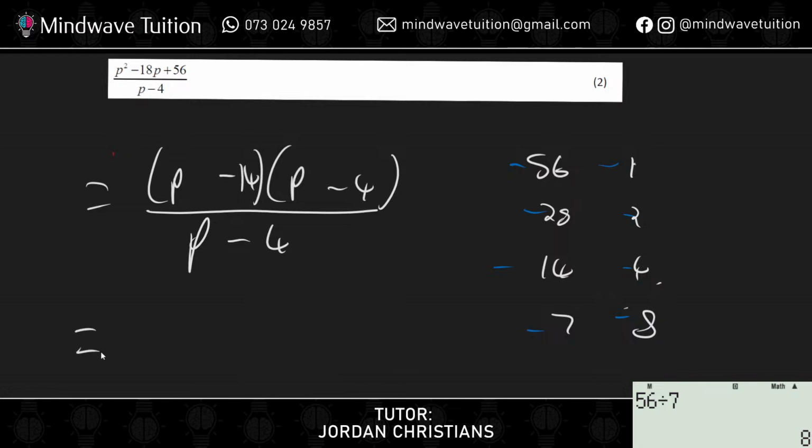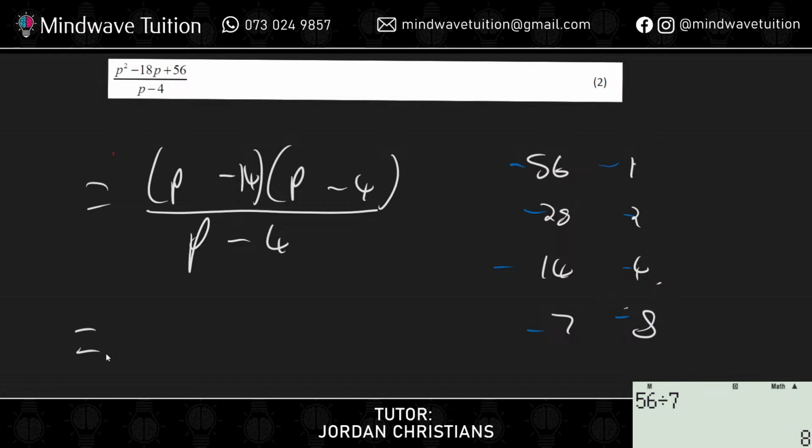But negative 14 minus 4 will give me negative 18, which means my two brackets will be p minus 14 and p minus 4. And now this is the first thing I want to point out to you in simplifying questions. Almost everything that is there in the question is most likely there to help you cancel out. So we had p minus 4 in my denominator, which means that in a sum like this we'll probably have a p minus 4 somewhere in the numerator.